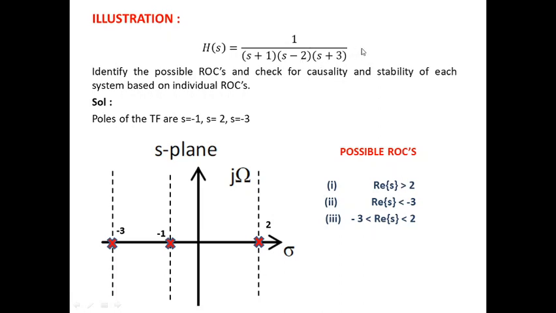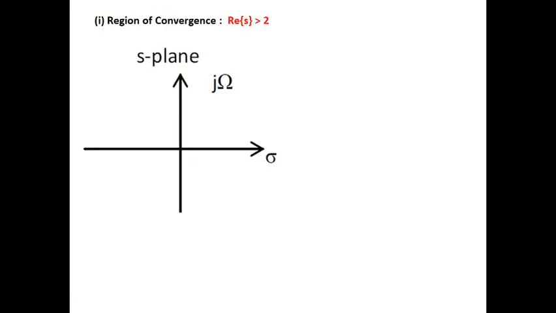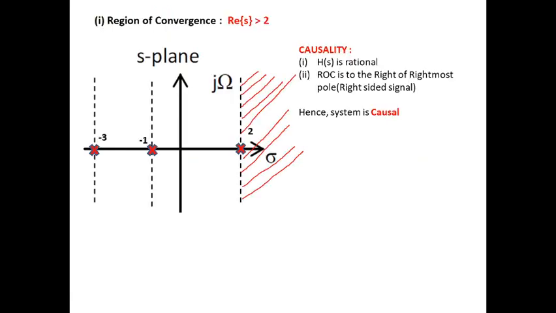If it were irrational, it would contain terms like e power s. So h of s is obviously rational here. The second important property for causality is the ROC is to the right of the rightmost pole, and hence this system is a causal system.